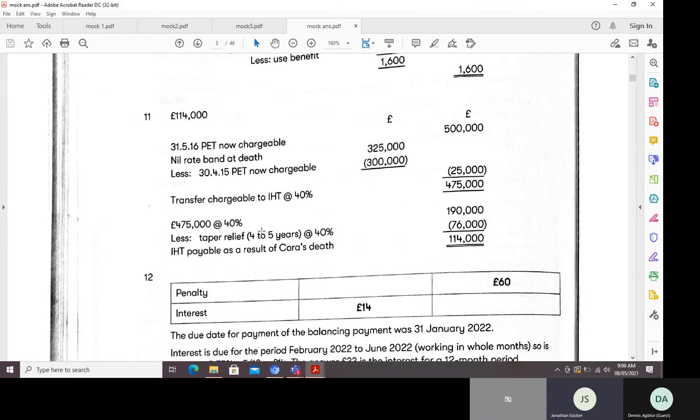This 40% is not the same as the rate we used to get the liability. That one from the table, based on the 4 to 5 years survival, we have to use the 40%. When you apply the 40% to 190, you get 76, and the amount of tax to be paid on death will be 114,000.